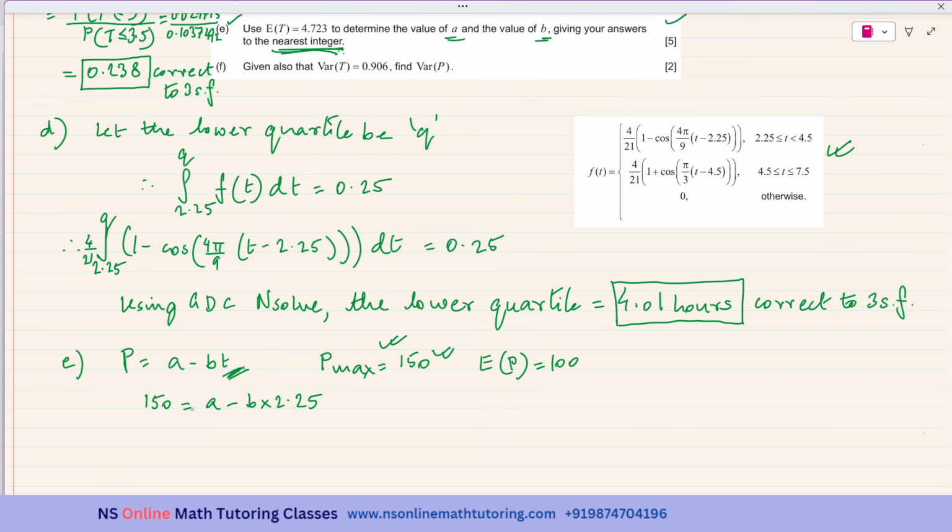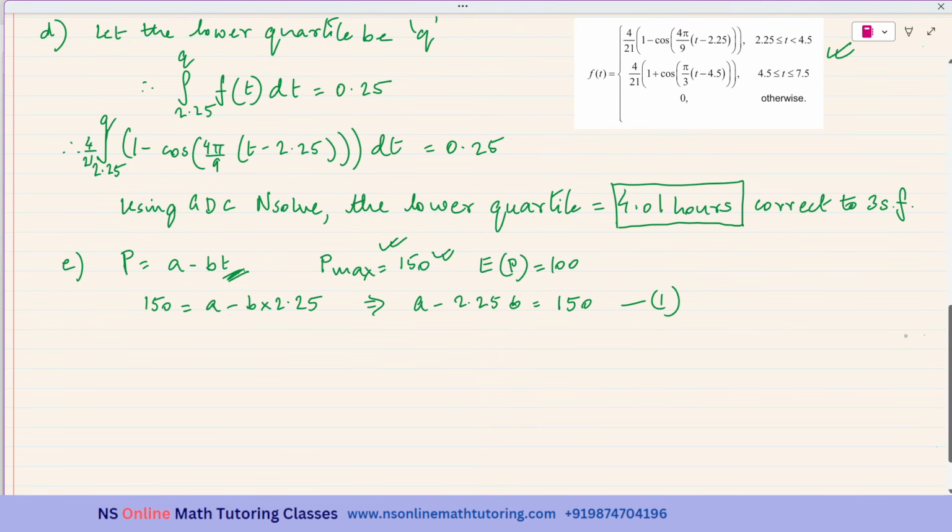So one of the equations is 150 equal to A minus 2.25B. This can be written as A minus 2.25B equal to 150. This is one of the equations, and we need another equation. This will be using the expected value of P. In place of P, we can write the expected value of A minus BT. What will this be equal to?